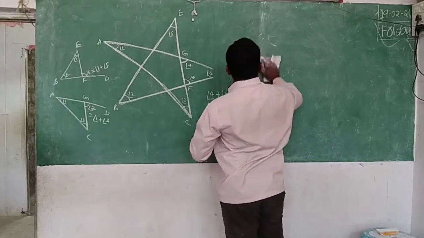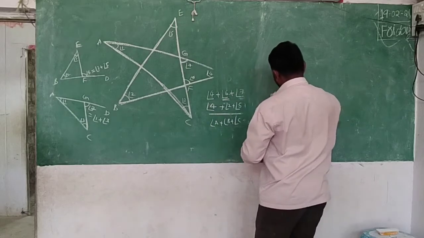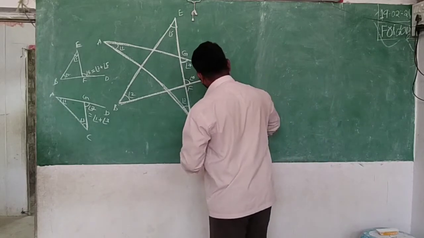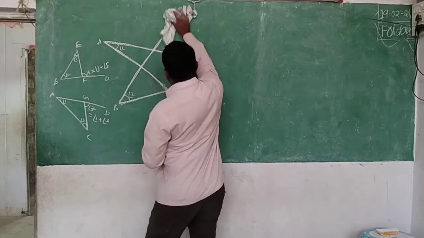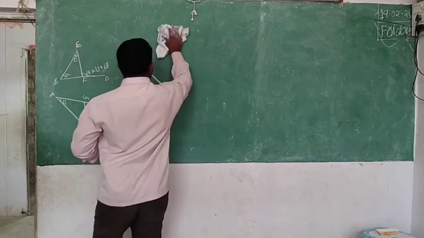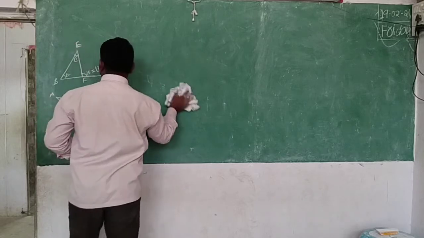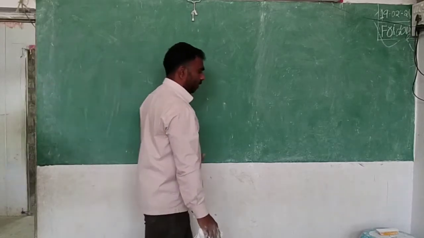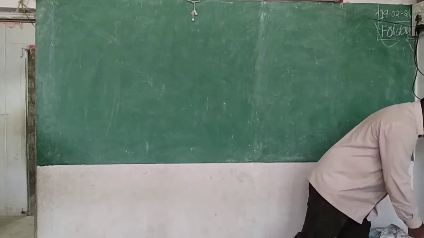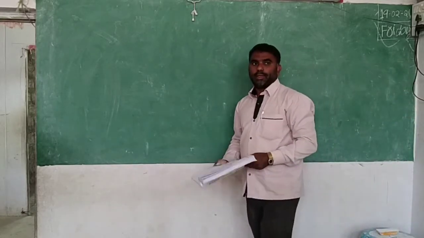Okay, next, in the exercise some problems are left. How many are left? The 5th, 8th, 9th. What is the 5th one? There is 3x, 1x, angle BAD.